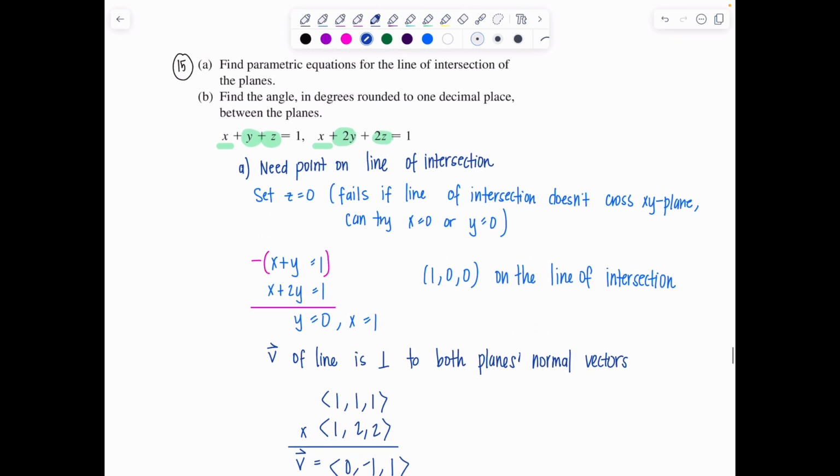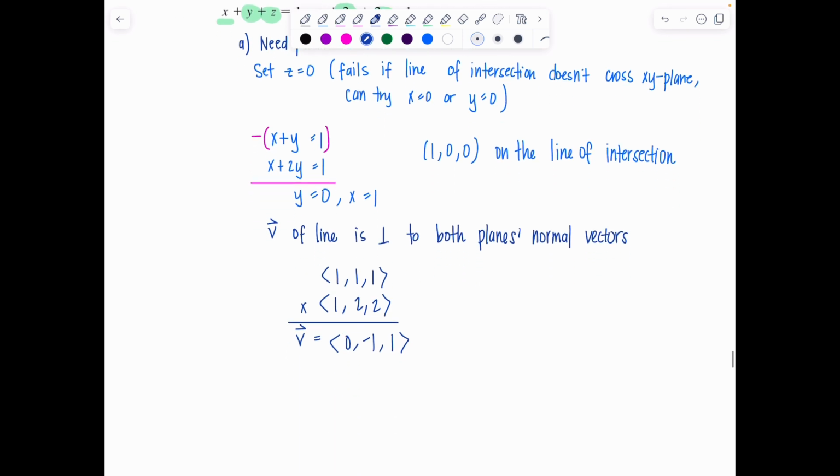And the problem asked us to find the parametric equations for the line of intersection. So I'm going to write x equals 0t plus 1, so just x equals 1. y equals negative 1t plus 0, and z equals 1t plus 0. So here are the parametric equations.